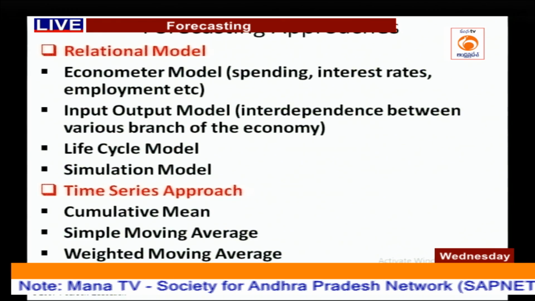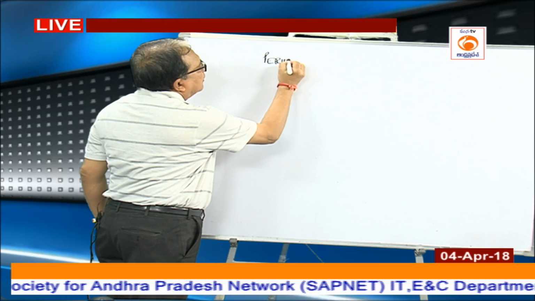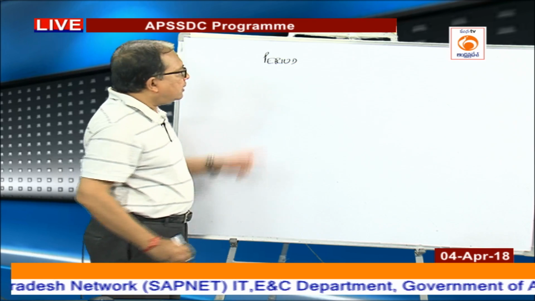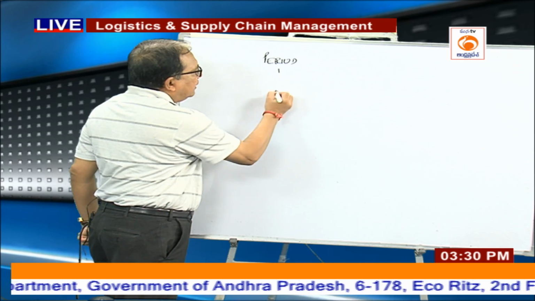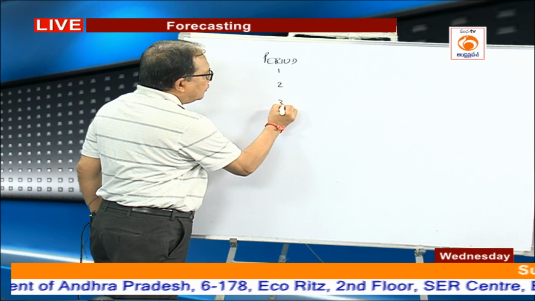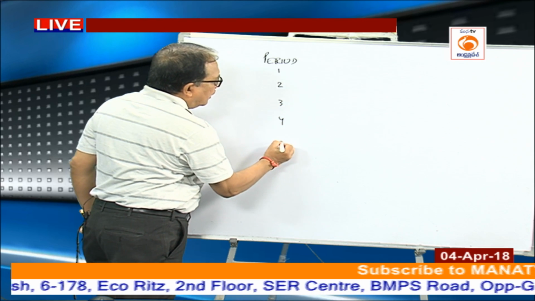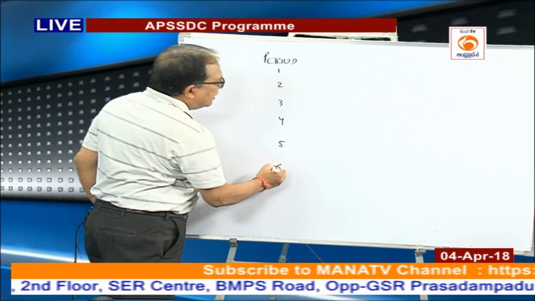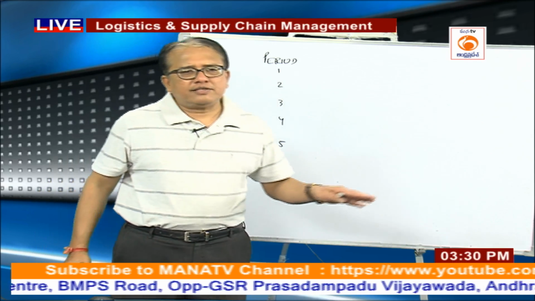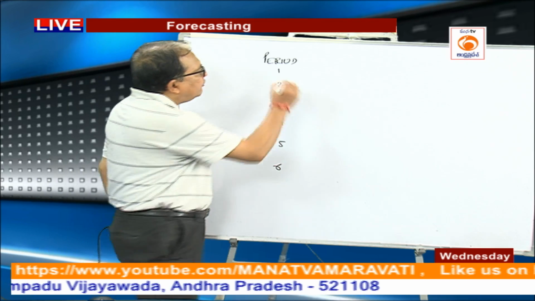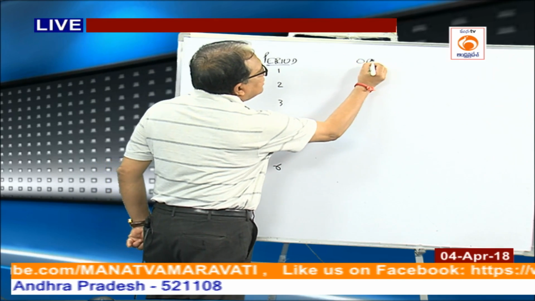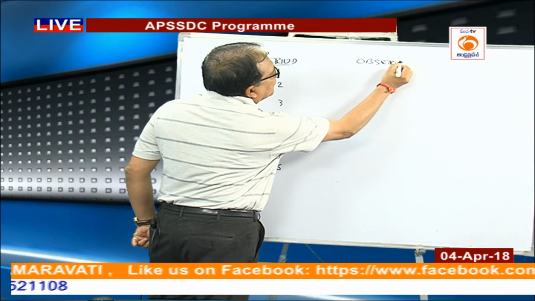Period. Again, as I said, the period can be month or year. So, period 1, 2, 3, 4, 5, 6. For simplicity's sake, let us just take 6 periods, 6 years or 6 months, and we will take observation, that means demand.